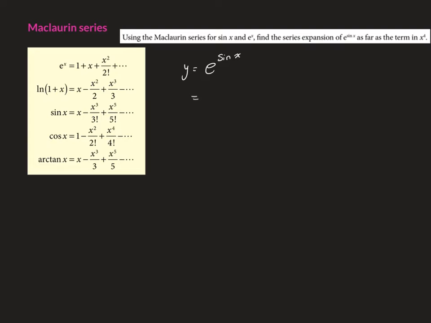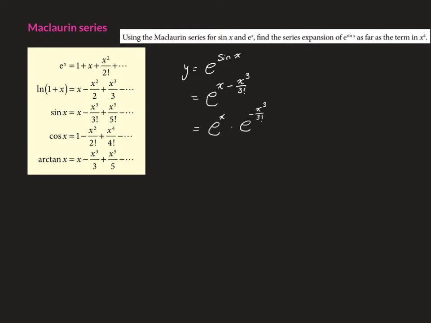So this would be e to the power of x minus x power 3 over 3 factorial. And now what I want to do is separate these powers of x using the properties of exponents. So this is going to be e to the power of x times e to the power of minus x power 3 over 3 factorial.